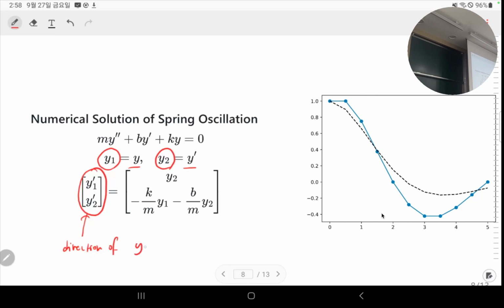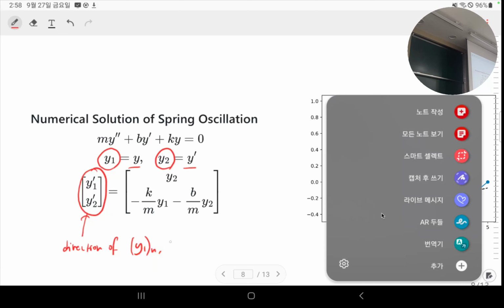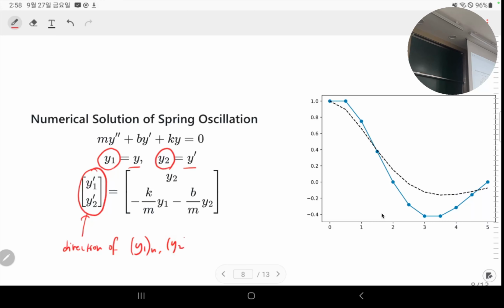And if you combine these two, then this is the direction to move y1, y2 at the nth step in order to get the next one, the y1 n plus 1, y2 n plus 1 point.